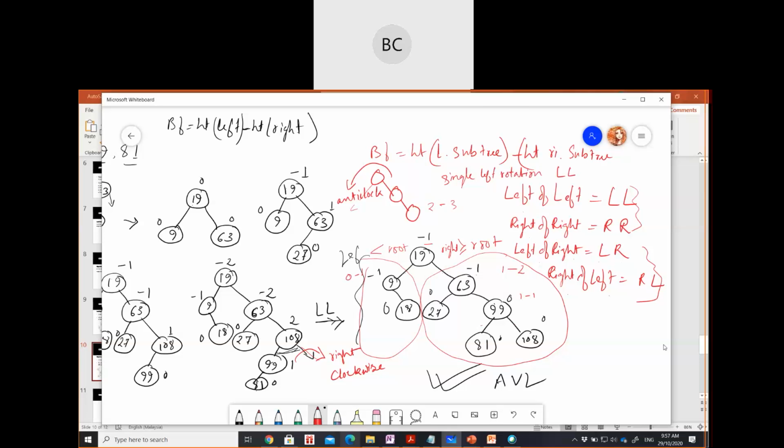Actually, LL rotation is your right rotation, because you are going to rotate in a clockwise direction. That means to the right side. Others, is this clear?